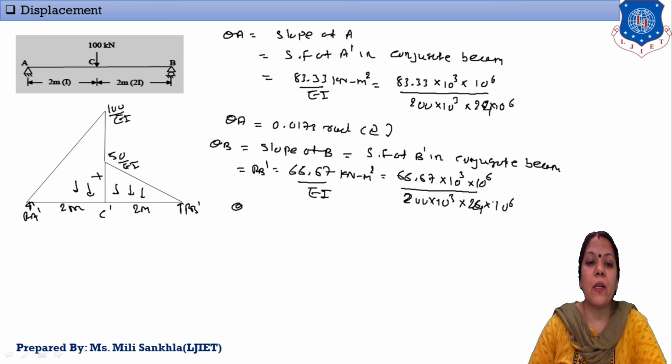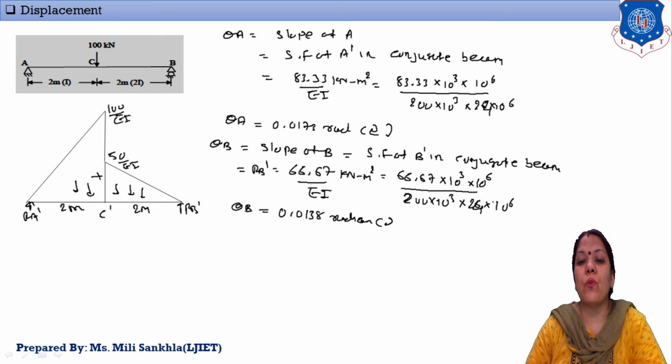My theta B after dividing is 0.0138 radian, and again this is positive, so clockwise.